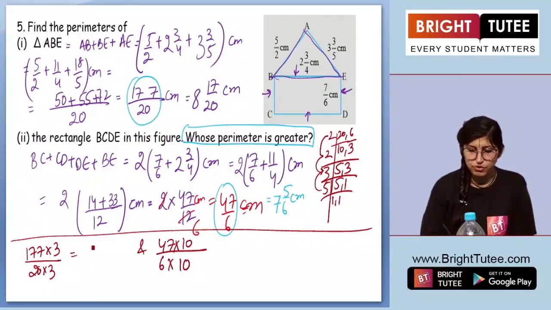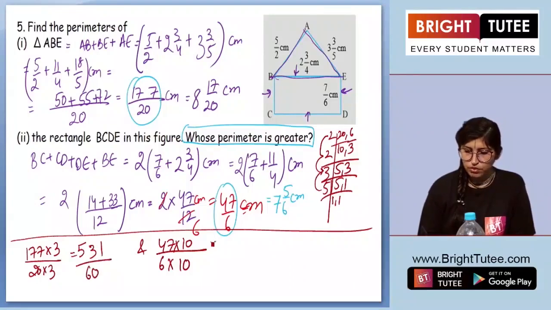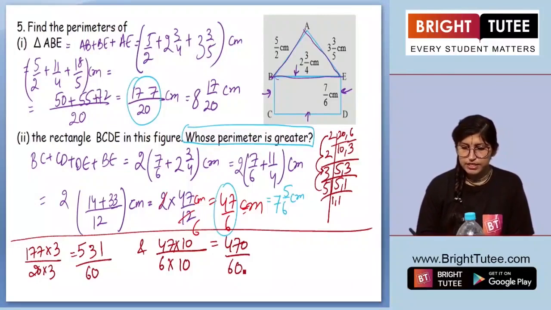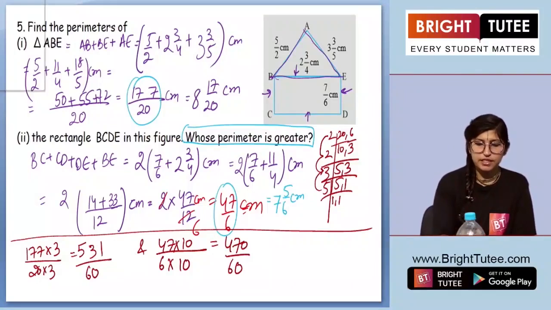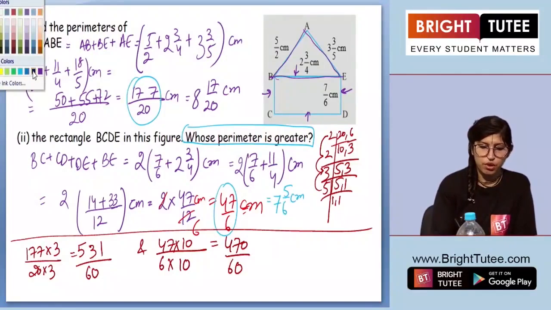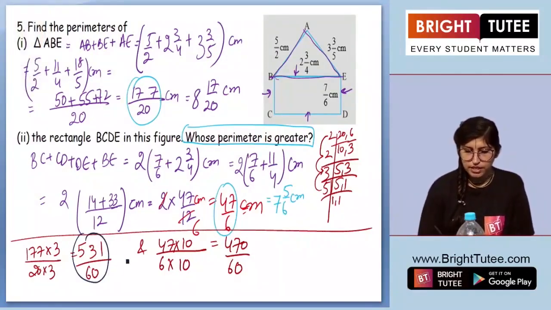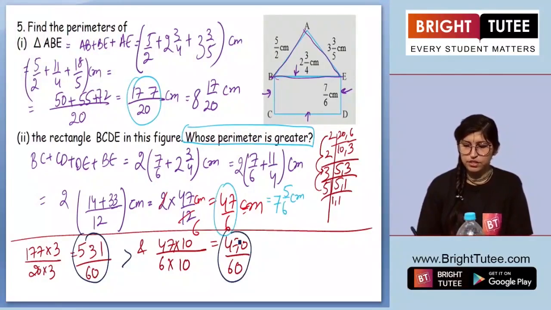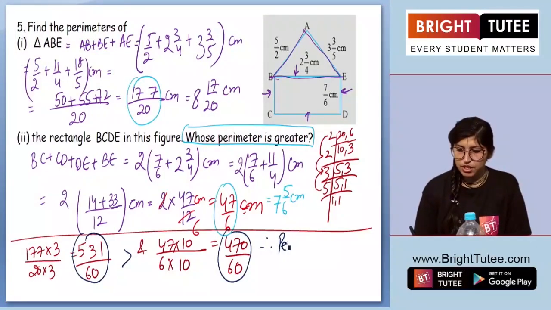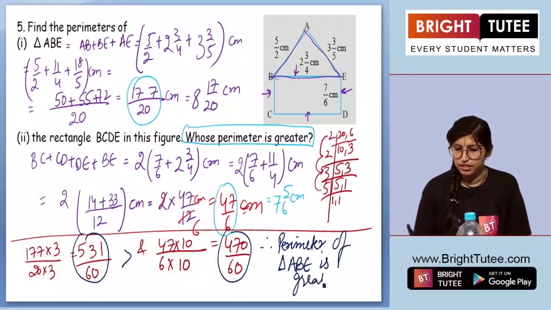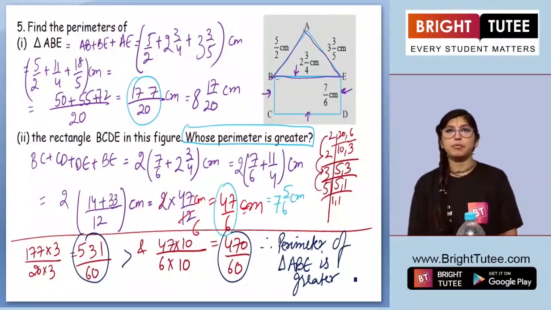So 177 times 3 is 531 upon 60. Over here it's 470 upon 60. So out of these two, which has greater perimeter? If we check, this is greater than this. That means the perimeter of triangle ABE is greater among the perimeters of the triangle and the rectangle.